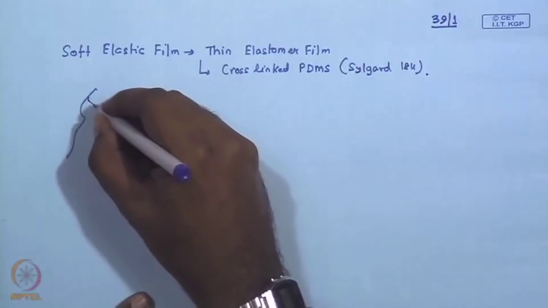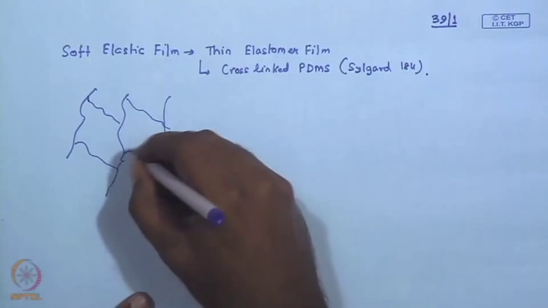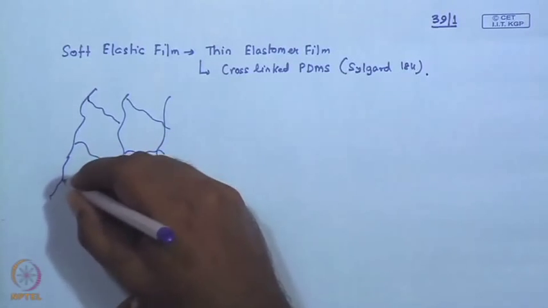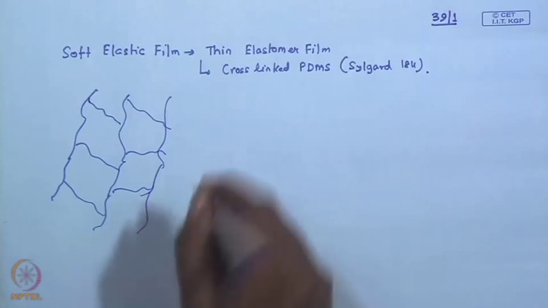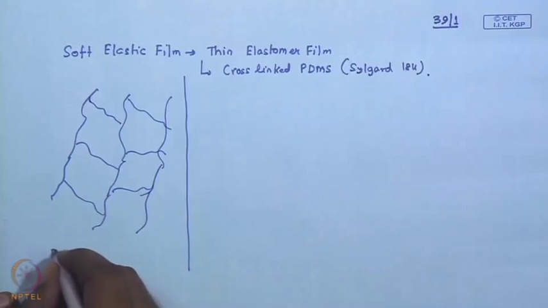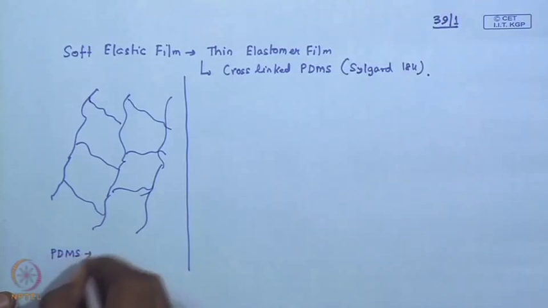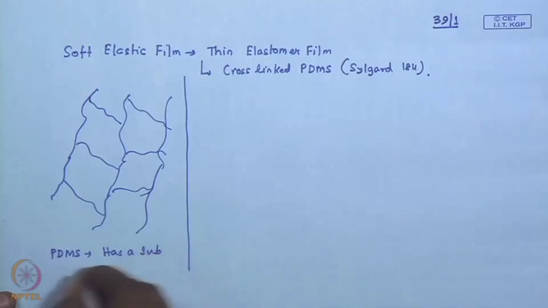But these elastomeric films, the soft elastic films, are physically cross-linked, and there is a lot of flexibility within the matrix, as we have already argued. PDMS as a material has a sub-zero Tg, so it is typically liquid at room temperature.